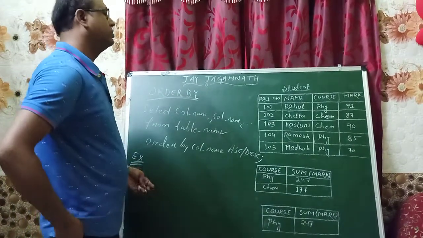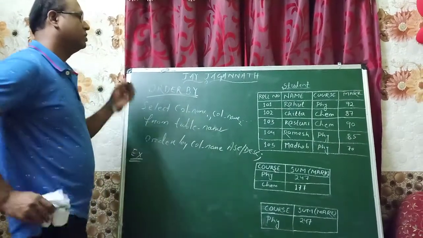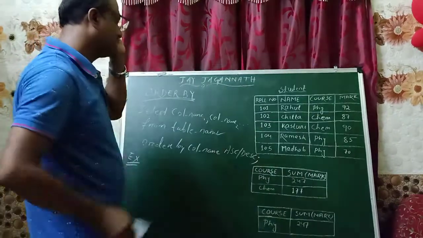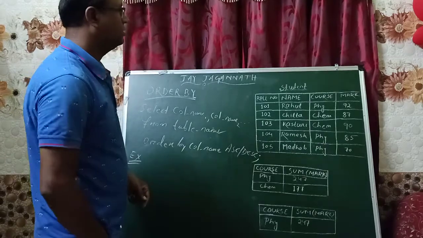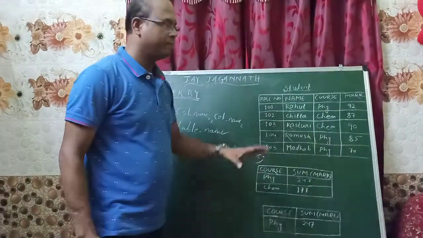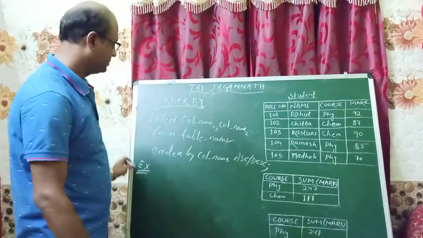Suppose you want to fetch the name and mark of students from the student table, and mark should be in descending order.